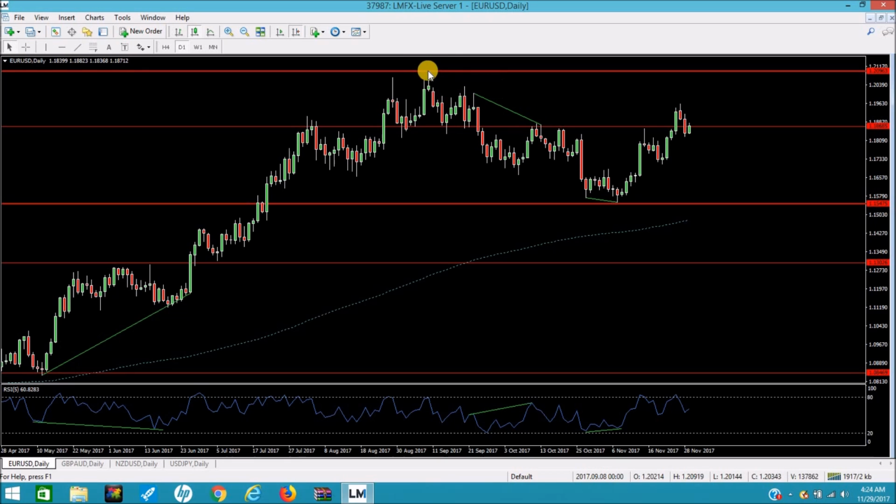We have a high here, then a lower high, lower high, lower high, then a low here, lower low, lower low, lower low. Price is in a downtrend, and you can easily draw trend lines to prove that. So we didn't get any bearish divergence letting us know that price is going to reverse. You're not always going to get bullish or bearish regular divergence letting you know that the market's getting ready to change trends.